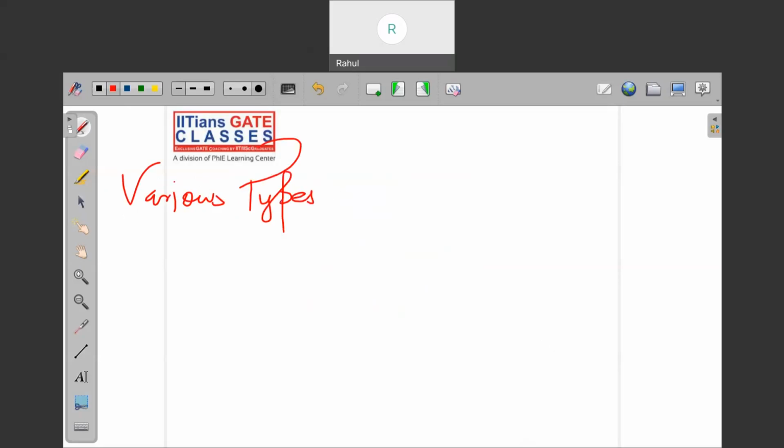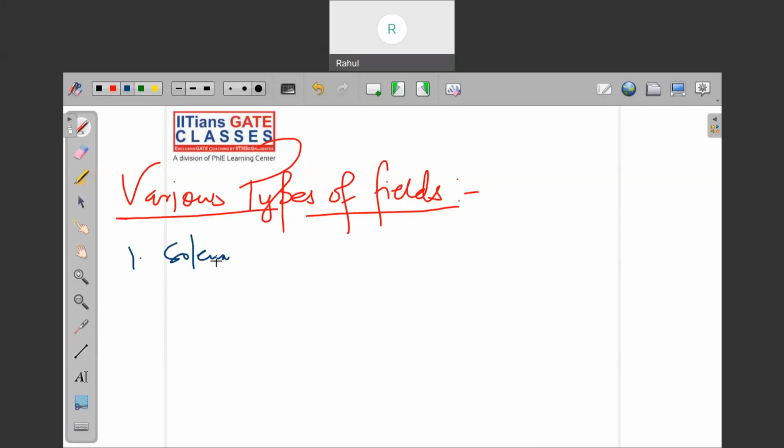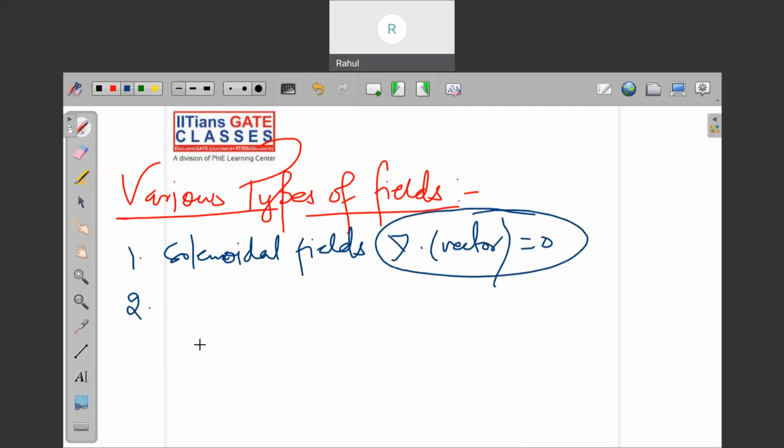Various types of fields. Number one is the solenoidal field, where the divergence of a vector equal to 0 is known as a solenoidal field.